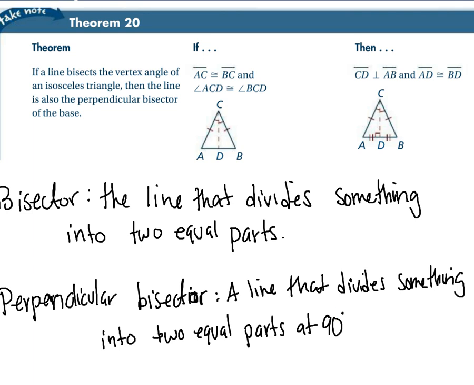Okay, so if I have a picture and I have a line that bisects, okay, it's a perpendicular bisector if it creates 90 degrees or right angles.